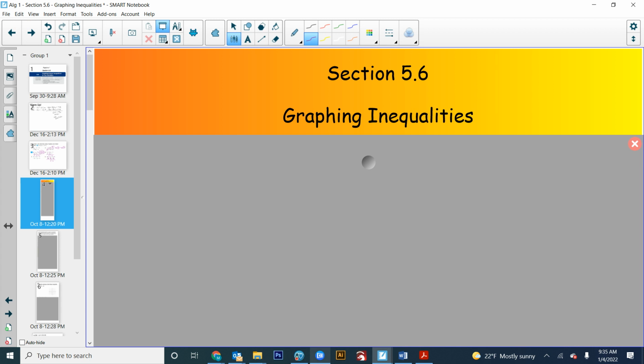X is less than 4. What's that represent? Well, how many answers do I have? I can put infinite numbers in there, right? This is my answer, but that represents what? An infinite amount of numbers. Do you guys make sense? So same thing with graphing these days. It's going to be a little different, okay? All right.